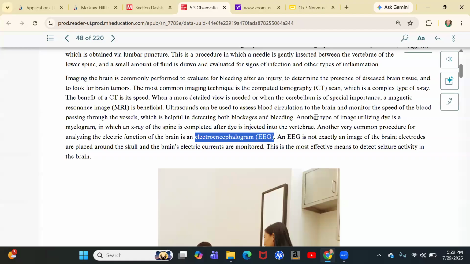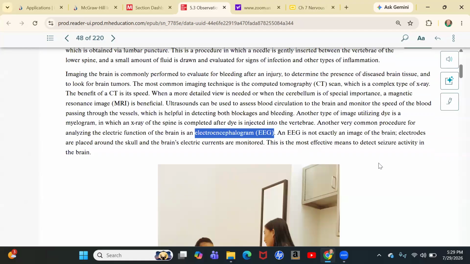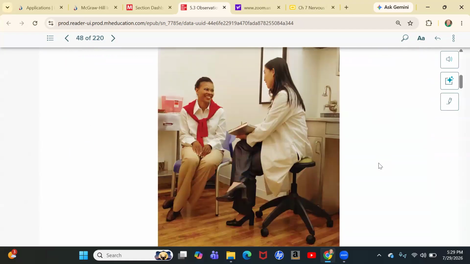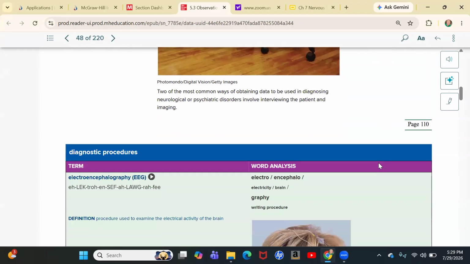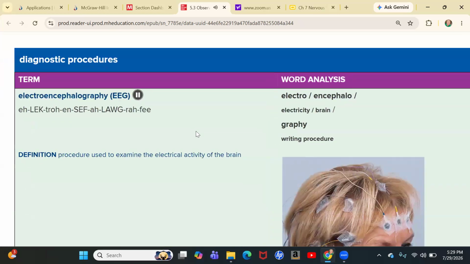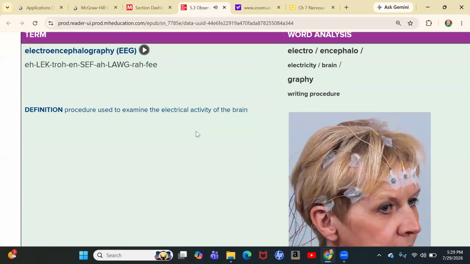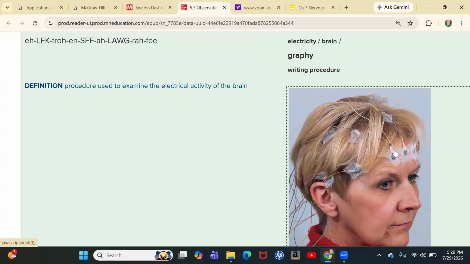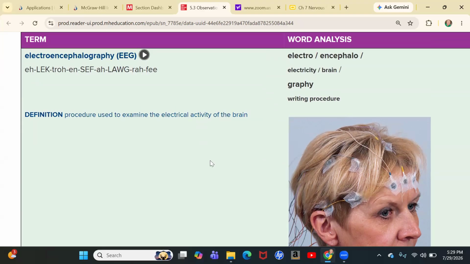So it's not, like they say here, an exact image of the brain. It's more of the brain's activity, the electrical impulses of the brain.